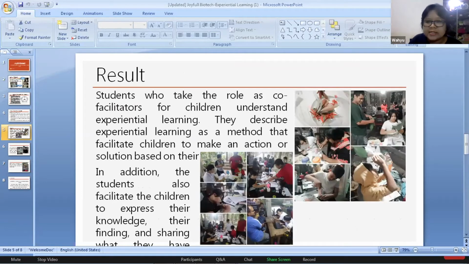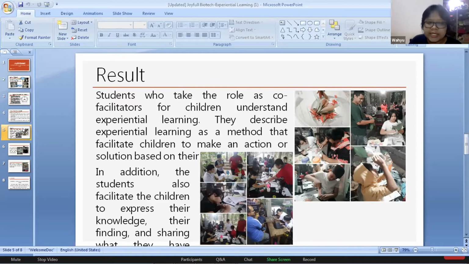As a result, I found that my students who helped me to arrange the program understand what experiential learning is, and they have their own description: experiential learning means a method that facilitates children to take an action or make a solution based on their own experience.